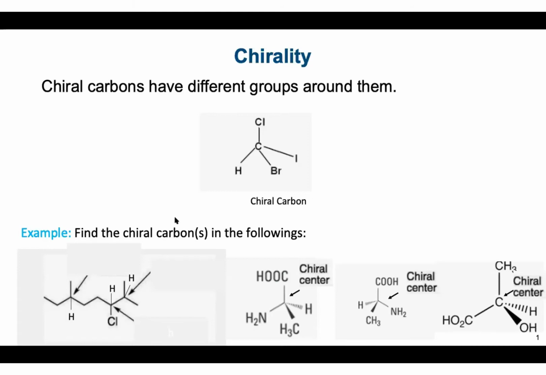So here in this carbon, I have one hydrogen, one CH3, another CH3, but another connection, which is 6 carbons. What do you think? Do you think this carbon is chiral or not? This carbon is not a chiral center because it has two CH3 around it, okay? What about this one, guys?